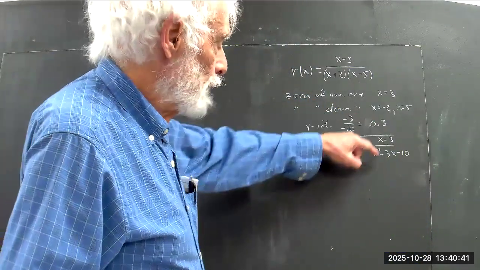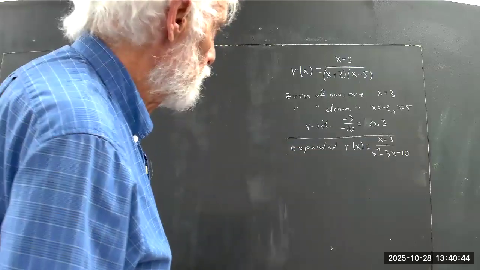Expanded, R of x is x minus 3 over x squared minus 3x minus 10.